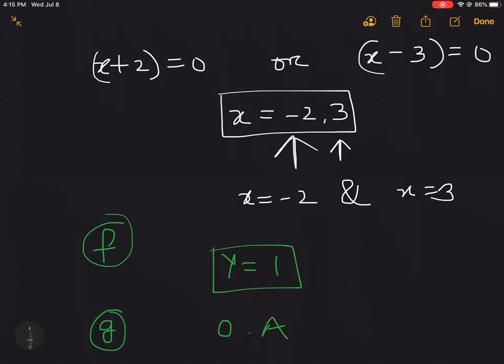Is there anyone who disagrees? Multiplicity, or what do you mean by multiplicity? Do you mean the degree?